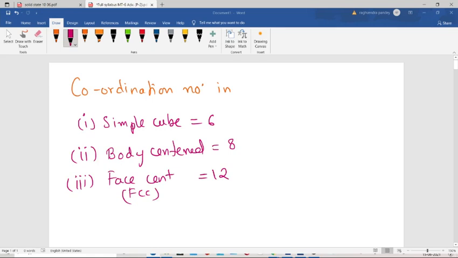How 8? What is the contribution at the edge? That is 1 by 4.